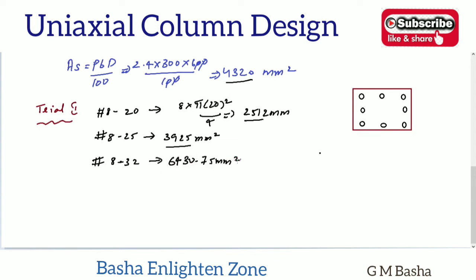If you want, you can check the minimum reinforcement and maximum reinforcement on a particular column. Then check trials with another number of bars. For example, if I choose 10 bars, the reinforcement is not equal on all the faces.